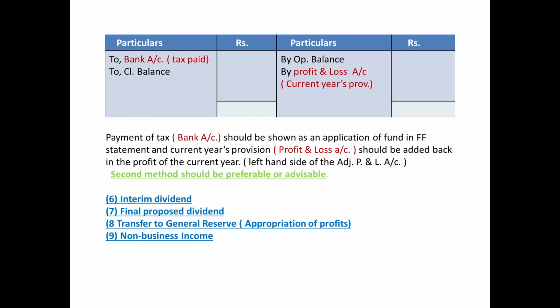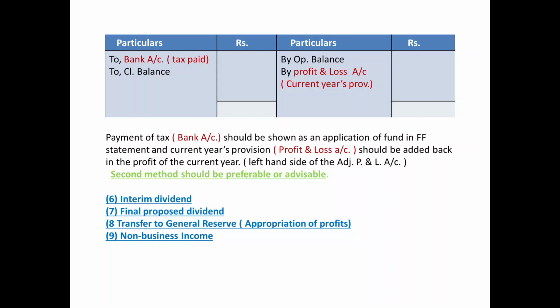And the payment of last year's proposed dividend, paid in the current year, will be reported in the fund flow statement as an application of fund. So be careful. You have to deal with this final proposed dividend in almost every question. So your understanding must be very clear.